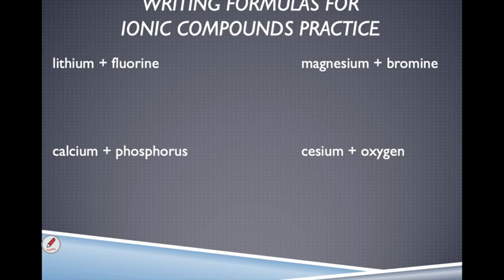Okay, now, let's do some practice. What we want to do here with these 4 examples is figure out what the formula for the ionic compound formed between these cations and anions would be. First up, lithium and fluorine. Step 1, write their symbols as ions.